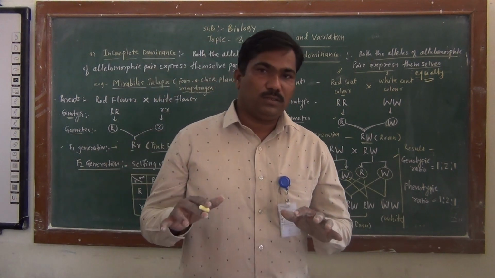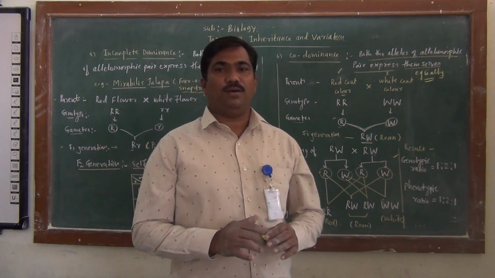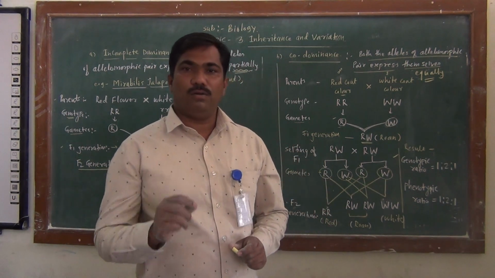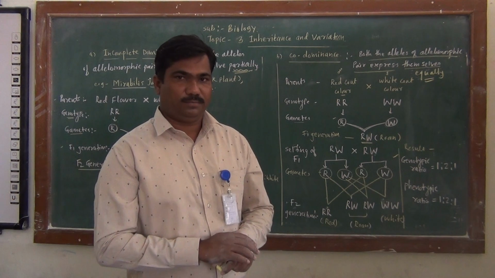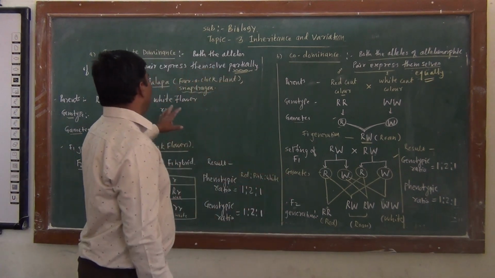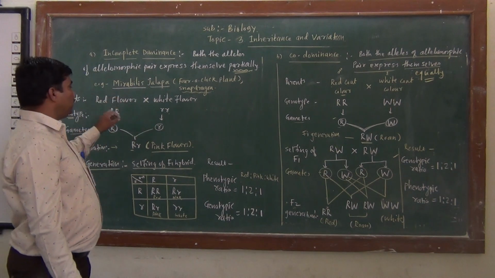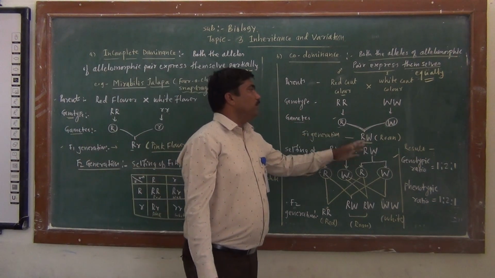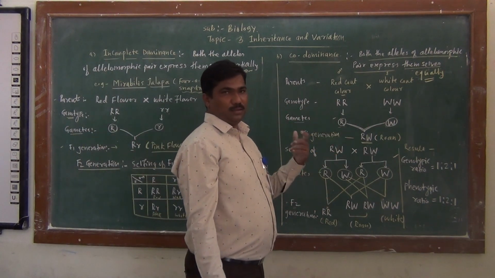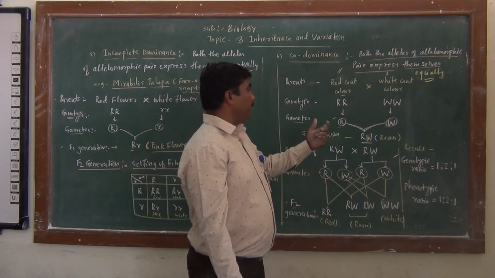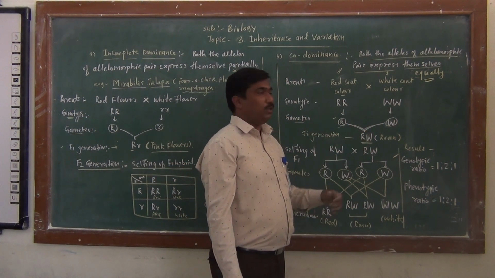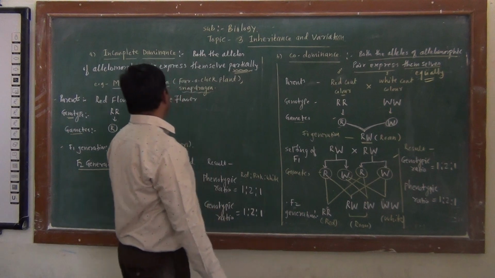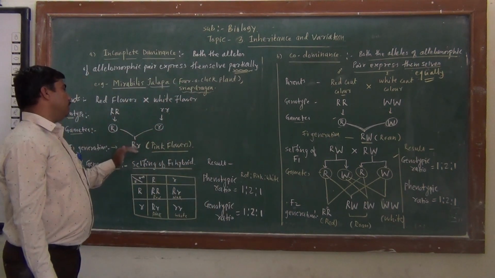So complete codominance and incomplete dominance do not follow the law of dominance. In incomplete dominance, alleles express themselves partially in the F1 hybrid, while in codominance the alleles present in the F1 hybrid express equally. So these alleles are equally dominant, and there they are partially dominant.